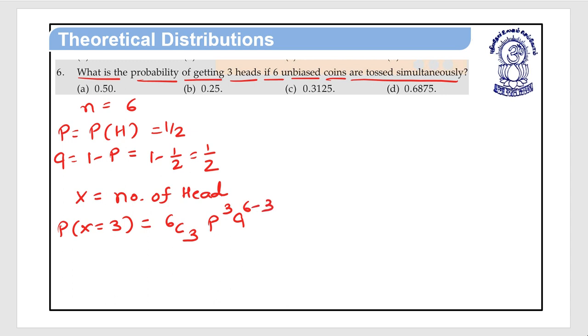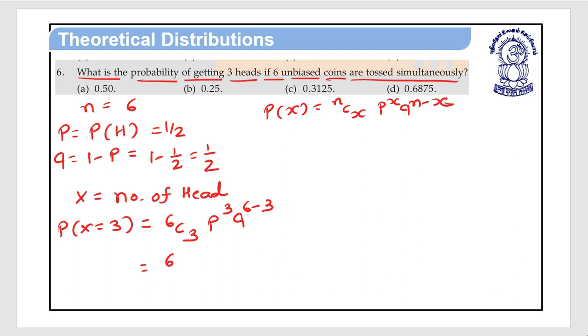Here we are using the formula P of x is equal to nCx p raised to x q raised to n minus x.